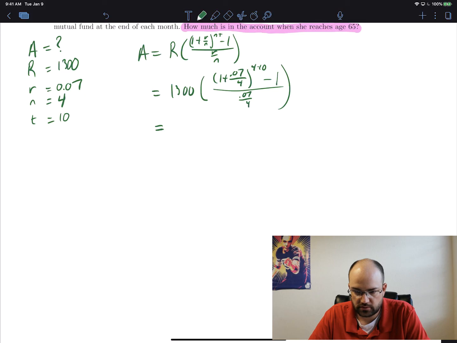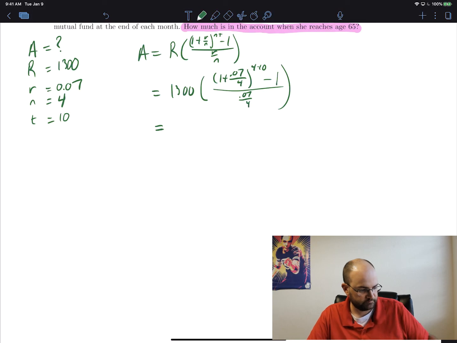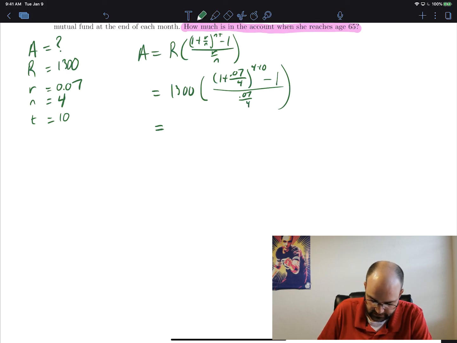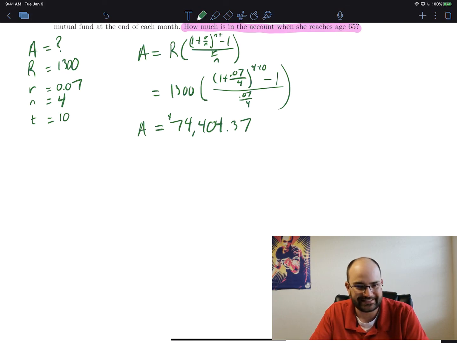Then minus 1 all over 0.07 over 4. Okay. So the future value is going to be $74,404.37. Okay, now that's just when she reaches age 60, right?